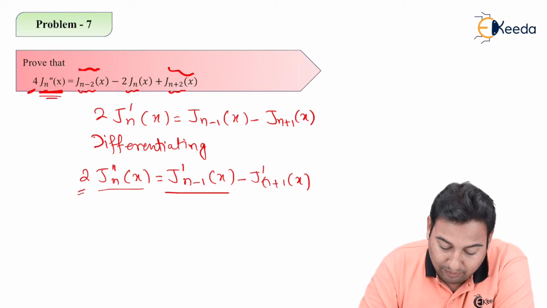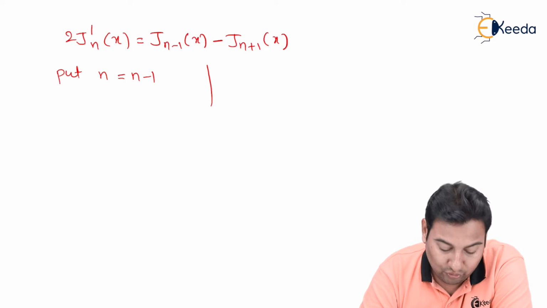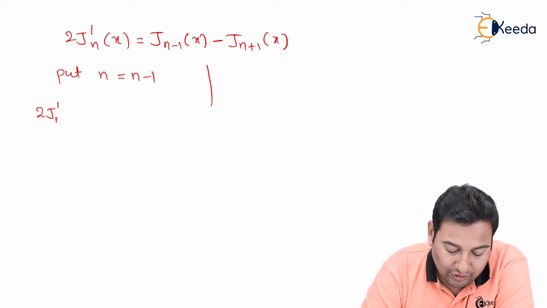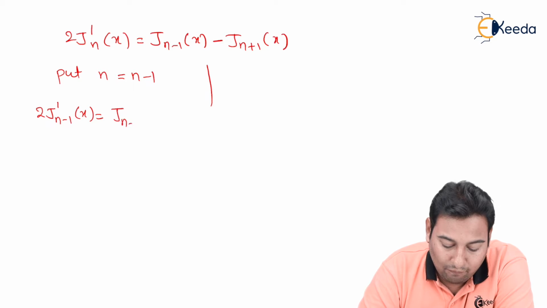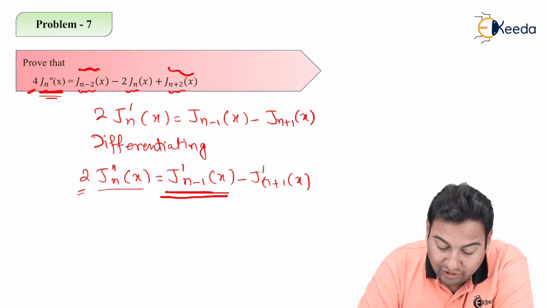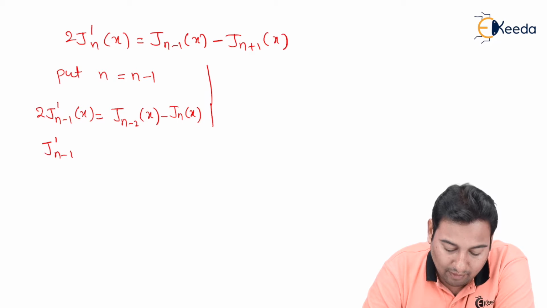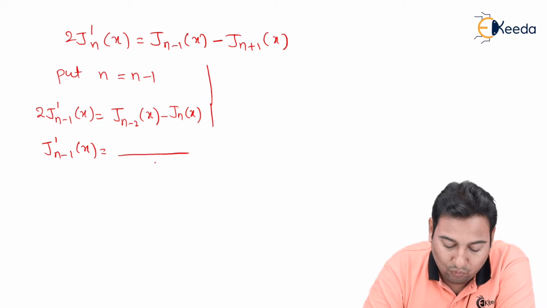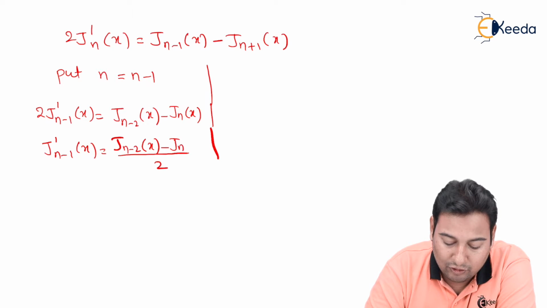Why am I doing it? Because I want to replace this term, J dash of n minus 1. So if I put n minus 1, I'll get 2J dash of n minus 1 x equal to J of n minus 2 x minus J of nx. But I just want J dash of n minus 1 x, so 2 will go to this side: J of n minus 2 x minus J nx, over 2.